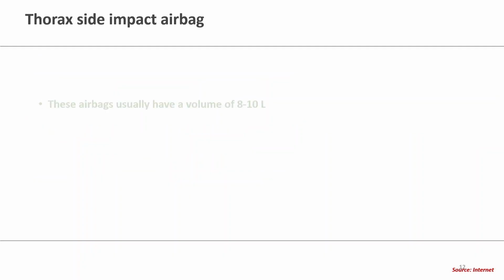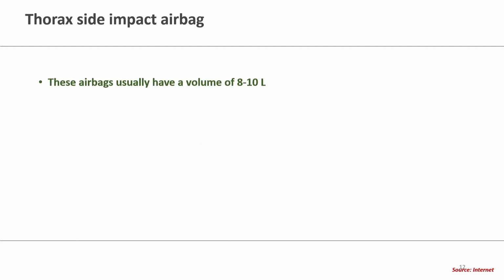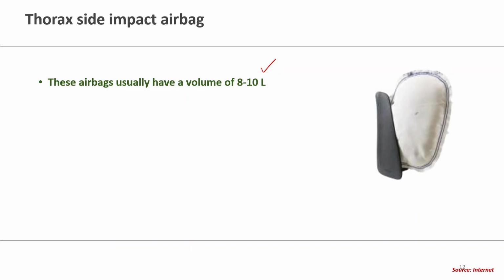Thorax side impact airbags usually have a volume of 8 to 10 liters. This type of airbag is small in size, and it inflates 4 times faster than the frontal airbag.